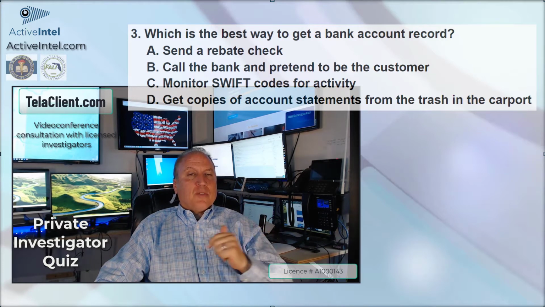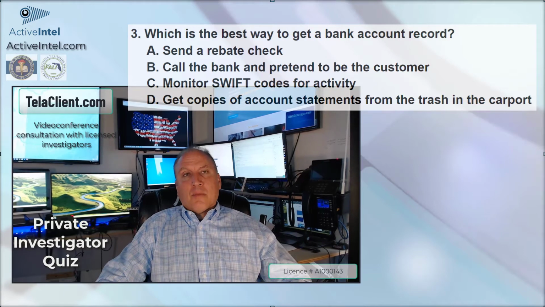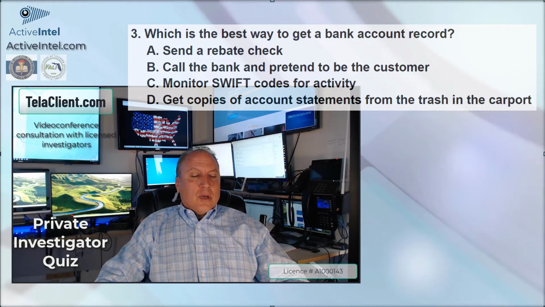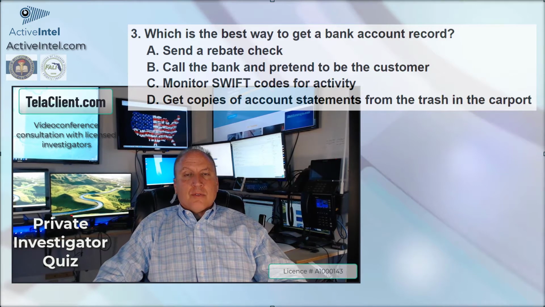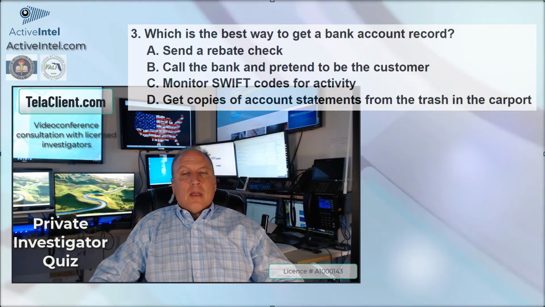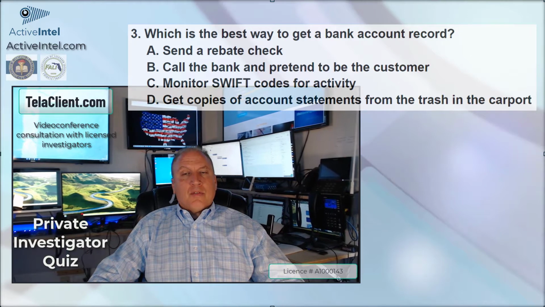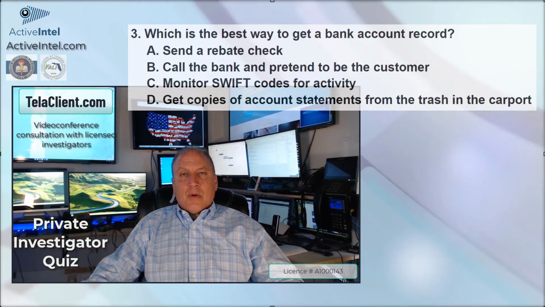GLB stands for Gramm-Leach-Bliley Act, meaning that it's legal. Right? It's a way you can obtain these records legally, according to the providers from the SWIFT codes. SWIFT is a private enterprise that creates all these relationships with banks, and if you can get the information from them, it's typically known as GLB compliant.